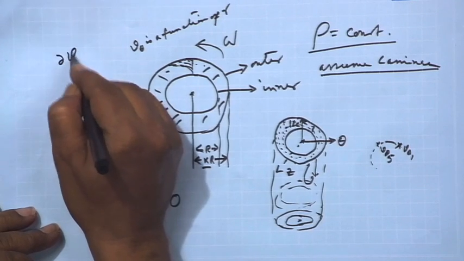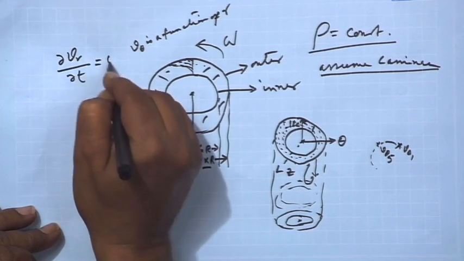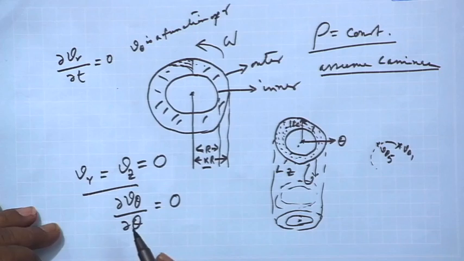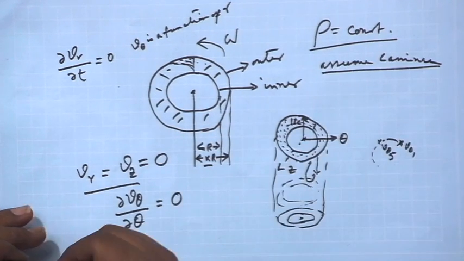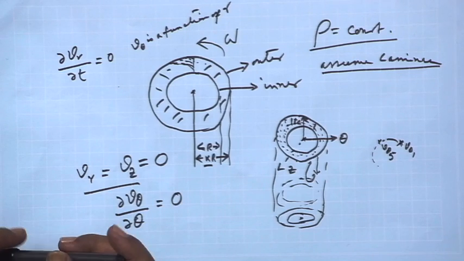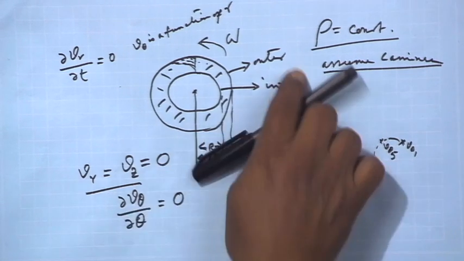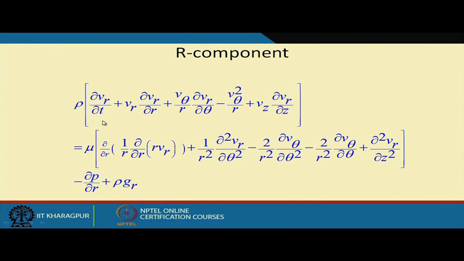So del V r del t is also 0, and rho is constant. So we can say that the component del V r del t is 0 and V r is 0, so this component goes out. Del V r del theta, that is the change in V r with theta, that can be there.